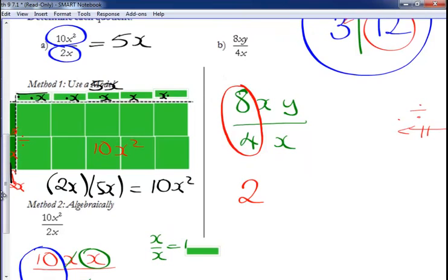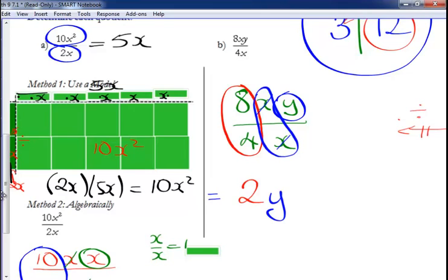Now, the next thing, let's have a look at our x variables there. We've got 1x on top, 1x on the bottom. x divided by x leaves us with simply 1. Multiplying by 1, we don't worry about putting that in. And then we've got a single y by itself, and it's on the top there like that. So that's what we end up with. We end up with simply 2y.